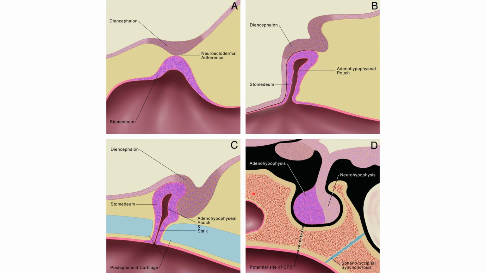After the formation of the sphenoid bone, which has a fossa in it called the pituitary fossa, the adenohypophysis is completely formed from the ectoderm of the roof of the stomodium, which gets completely detached.